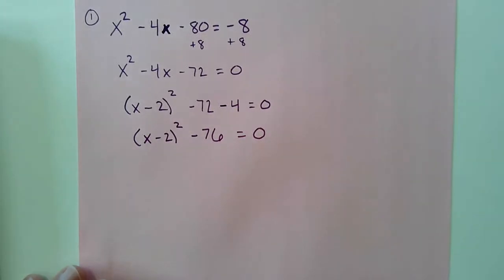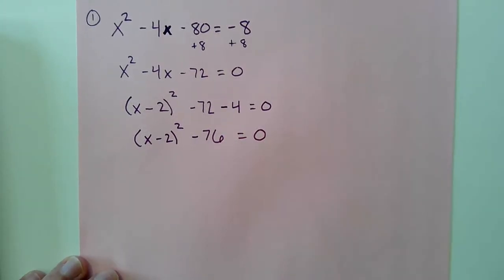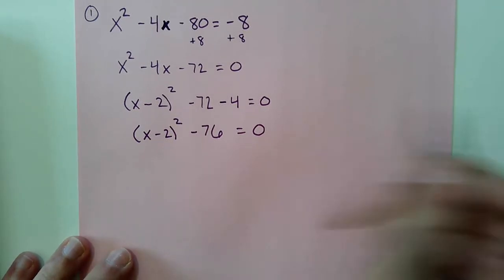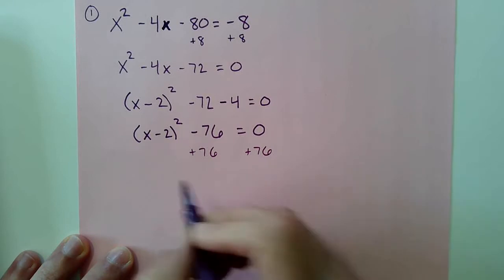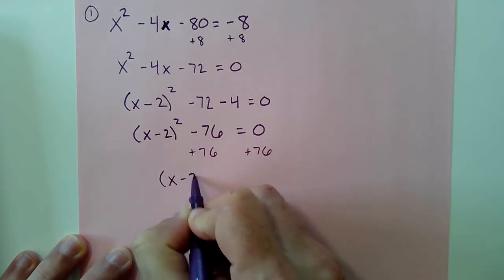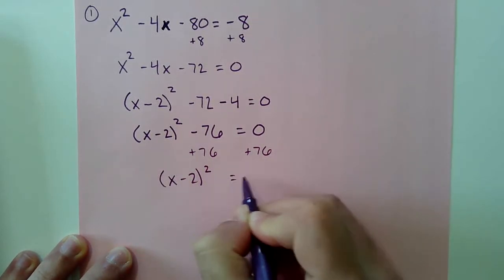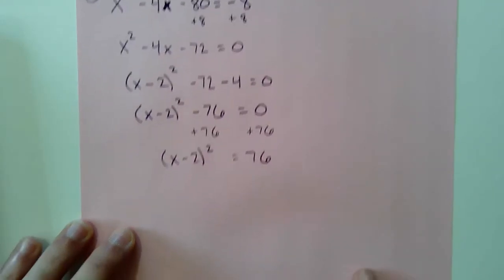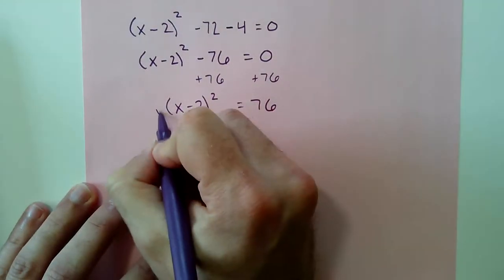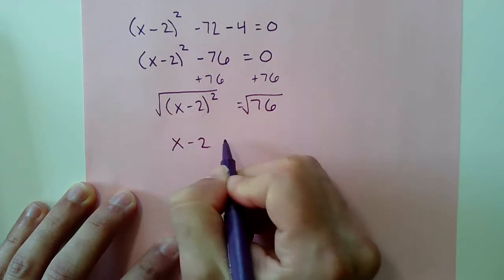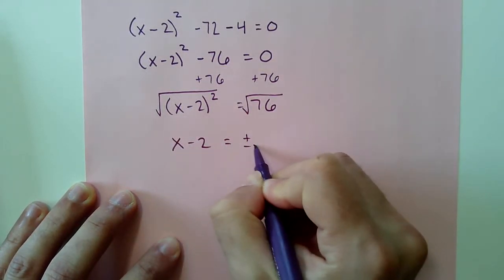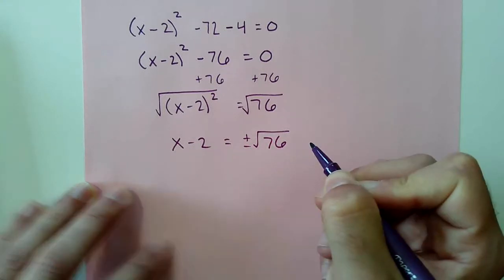Now that I'm in my vertex form, set equal to 0, I can go ahead and solve using square roots. First step, I'm going to add 76 to both sides. So this is going to leave me with x minus 2 squared equals 76. Square root. So x minus 2 equals the positive and negative square root of 76.